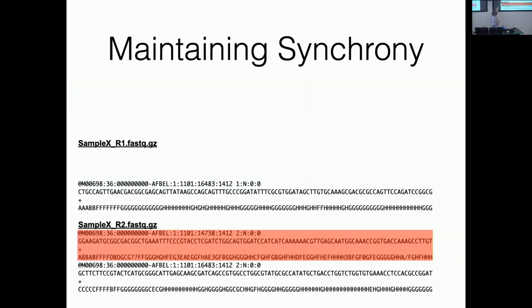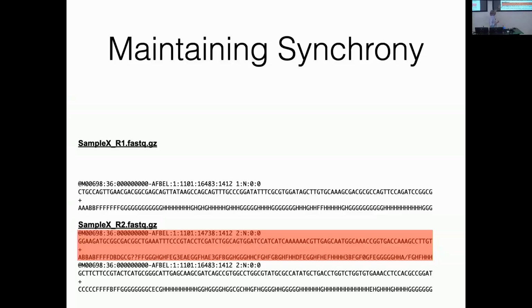So if we threw out that read and kept this read, and we had software that didn't check to be sure that the headers match, which some software does and some doesn't, it's going to assume that this read, the first read in the file, goes with this read, which is now the first read in the R1 file. They don't have anything to do with each other. They could be from different samples. They're close on the flow cell, but that's just random.